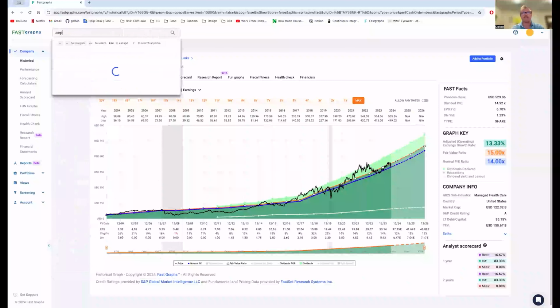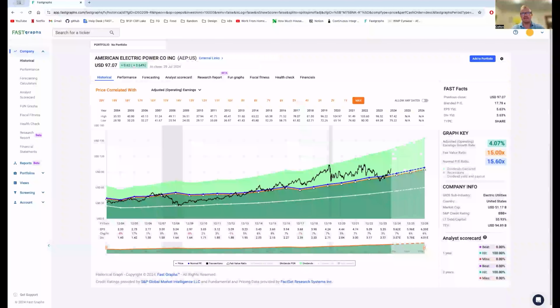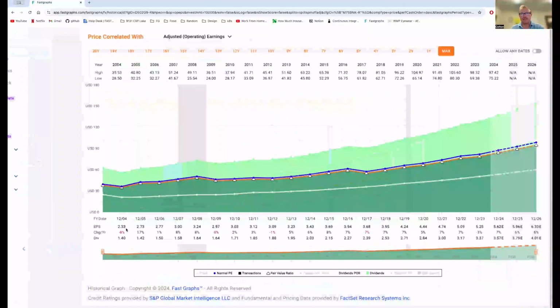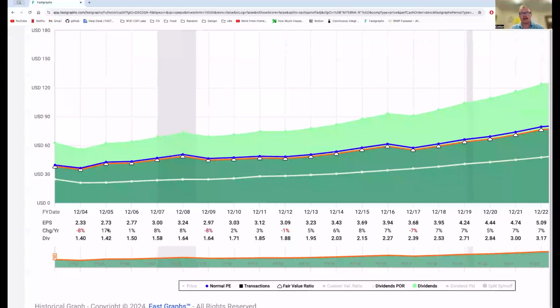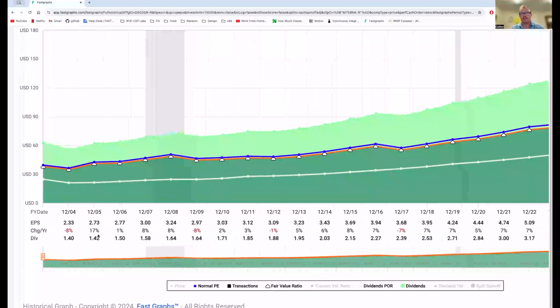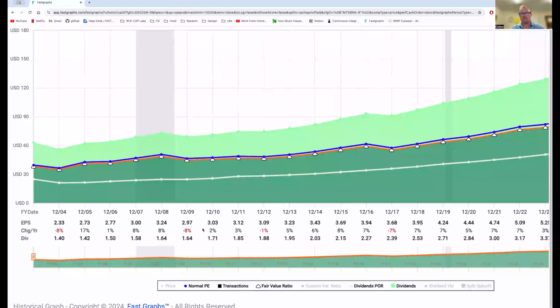I want to show you guys a company that is a good low growth company. So we can see stability in earnings here, right? This orange line is not really wavy, right? It's growing at a solid rate. I can see the change per year down here. They had a high growth 17% this year, then 1%, 8%, 8%, a little bit of drop there post-recession.